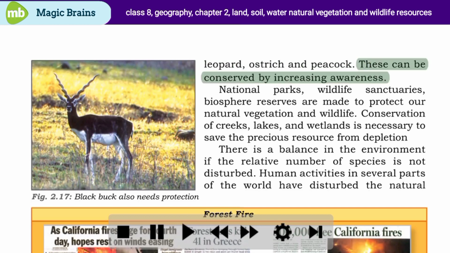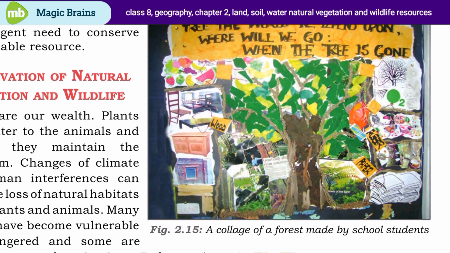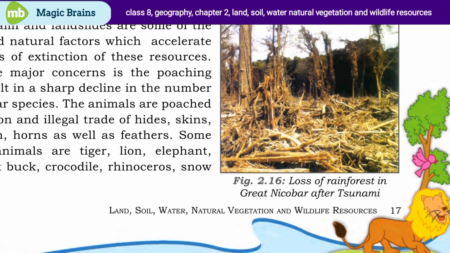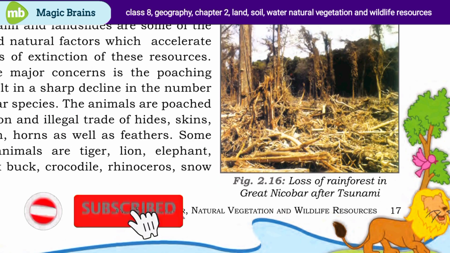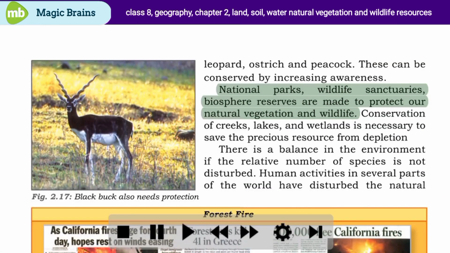These can be conserved by increasing awareness. On the right side, there is figure number 2.15, which shows a collage of a forest made by school students. There is another figure 2.16 on the right side, which shows loss of rainforest in Great Nicobar after tsunami.